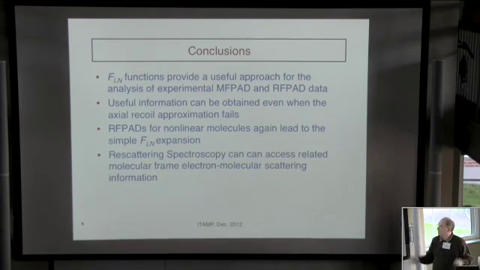And the rescattering spectroscopy accesses related information. It's electron ion scattering, and you get some molecular frame information. Now, certainly, if you already impulsively align the molecule, you'd get more molecular frame information. But even just using the angular dependence of the tunnel ionization, you can get some molecular frame information in the electron ion scattering. So that's all I'll talk about. Thank you for your attention.